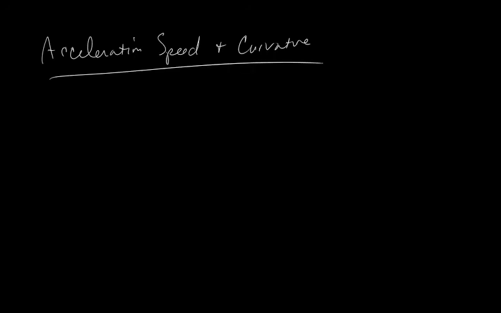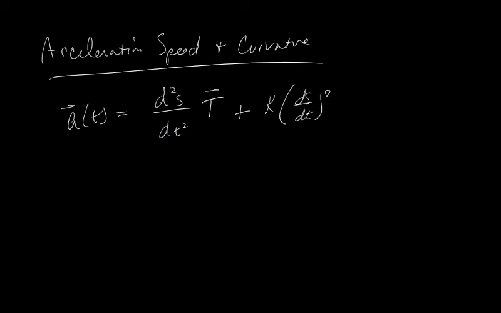So given r of t is our position vector for a smooth curve, the acceleration vector is given by a of t is equal to the second derivative of s with respect to t of the tangent vector plus k times ds dt squared of the normal vector, where k is curvature and ds dt is the speed.